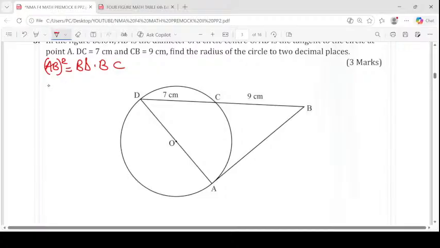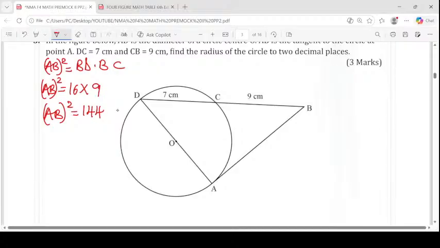So this means that my AB squared can be given by BD. Our BD is 9 plus 7, which is 16, multiplied by the BC, which is 9. So my AB squared will be given by 16 multiplied by 9, you exactly get 144.